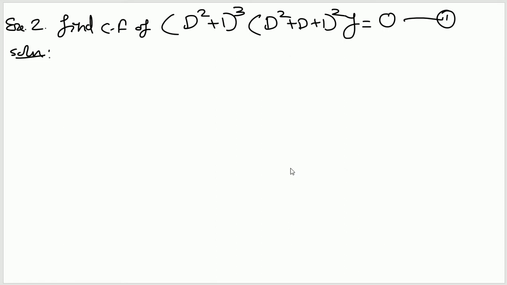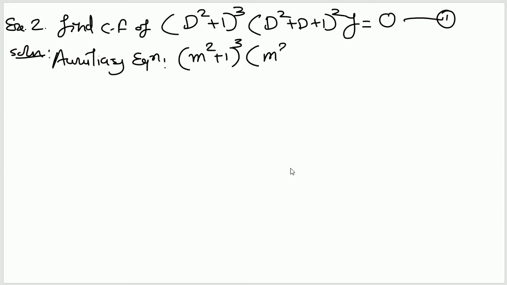Okay, so first step is you have to find auxiliary equation. So auxiliary equation here is (m^2 + 1)^3 (m^2 + m + 1)^2 = 0. Next is we have to find roots of this auxiliary equation. Now see what is the degree of this auxiliary equation here?